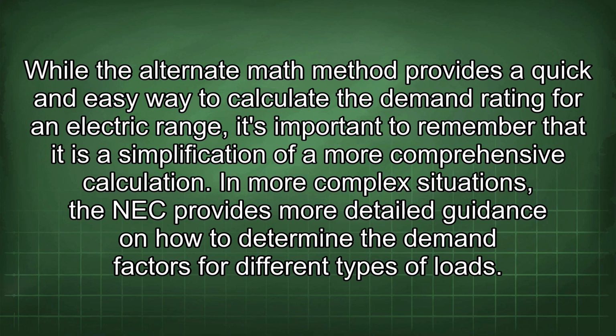While the alternate math method provides a quick and easy way to calculate the demand rating for an electric range, it's important to remember that it is a simplification of a more comprehensive calculation. In more complex situations, the NEC provides more detailed guidance on how to determine the demand factors for different types of loads.